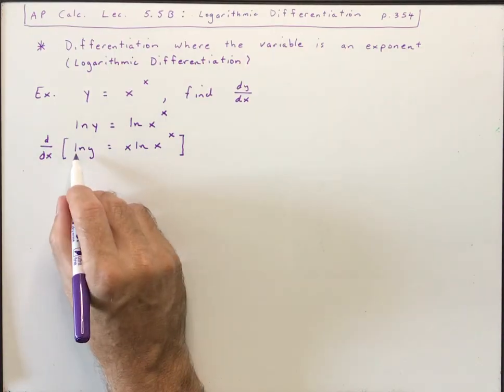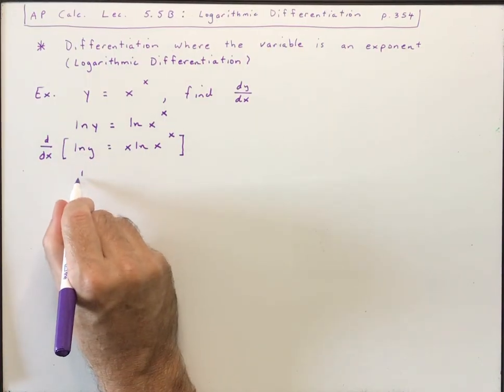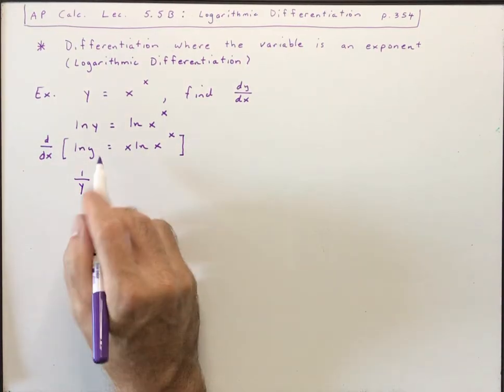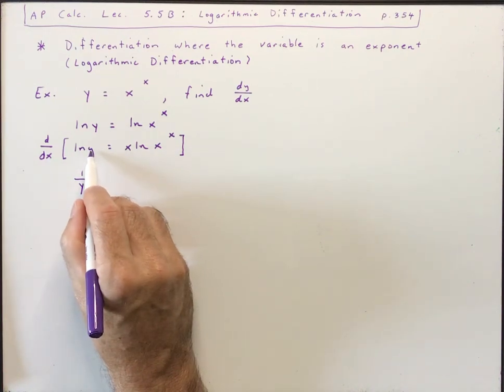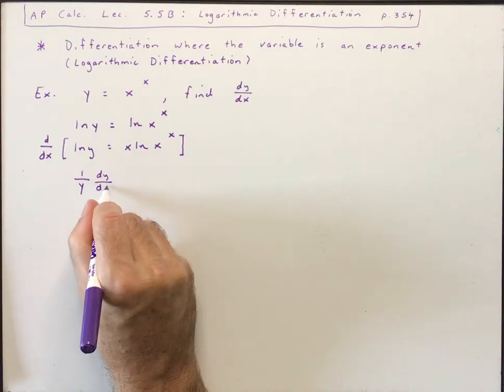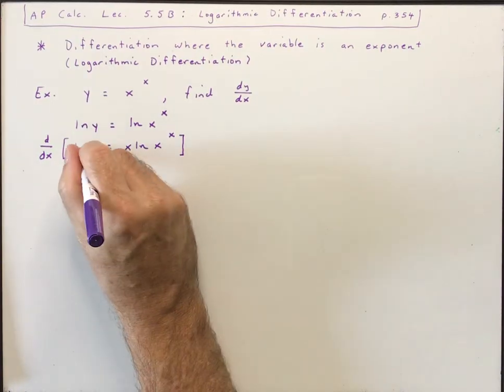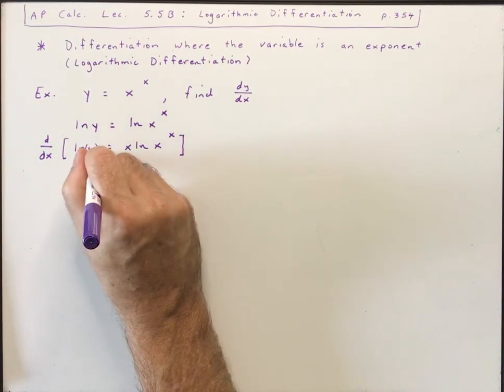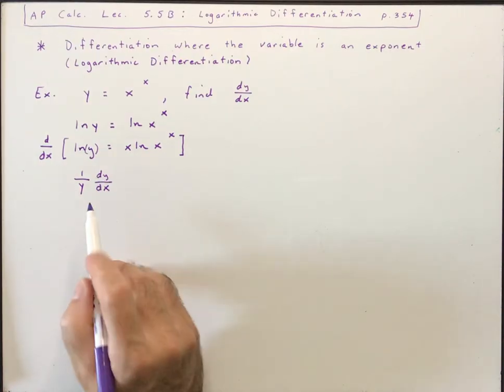Okay, so natural log of y, the derivative of that is 1 over y, but then that's not an x, is it? It's a y, so we have dy dx. Remember, the derivative of y with respect to x is dy dx.